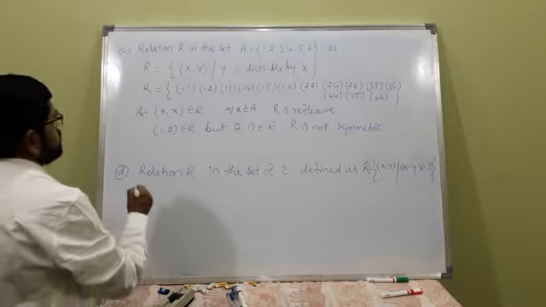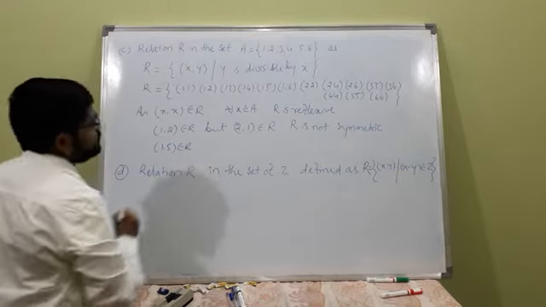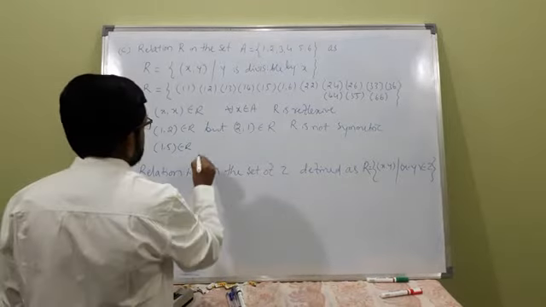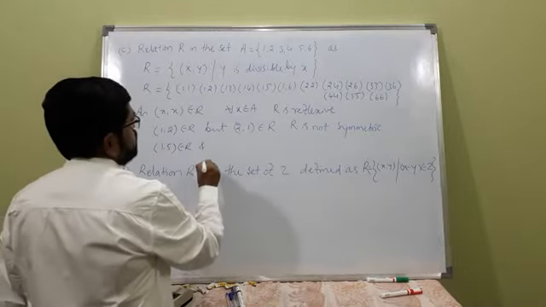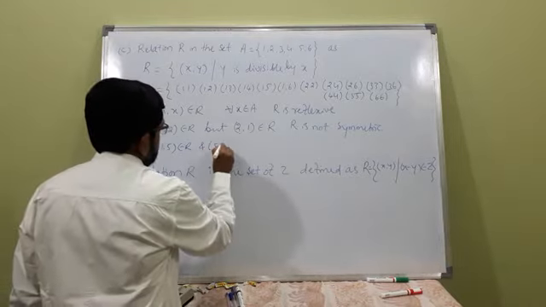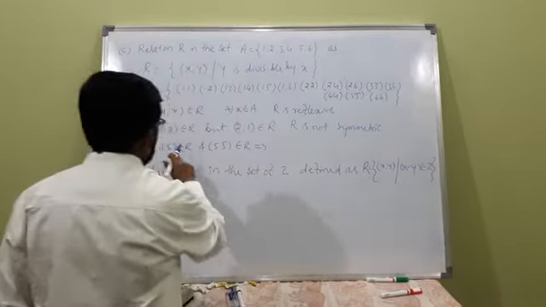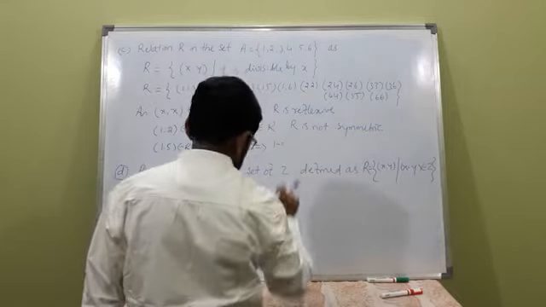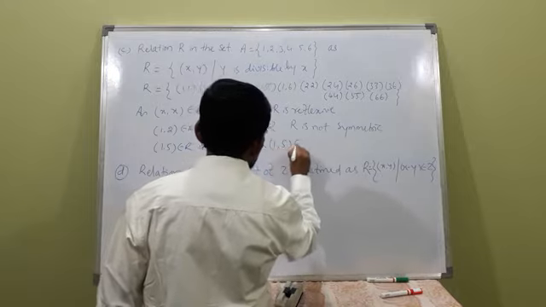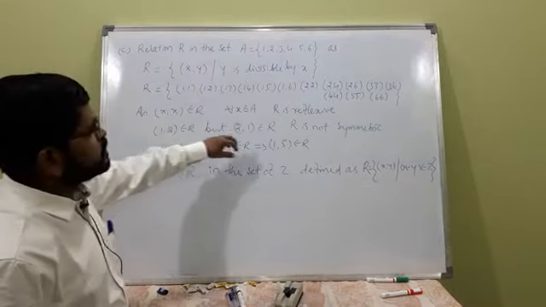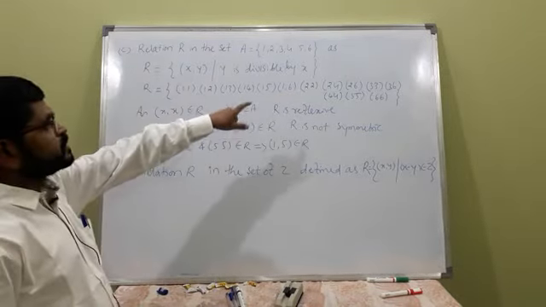Yes, consider any one: (1,5) belongs to R and (5,5) again belongs to R, implies (1,5) belongs to R. Or you can take any other element. (2,2) belongs to R and (2,6) belongs to R, that is again (2,6).